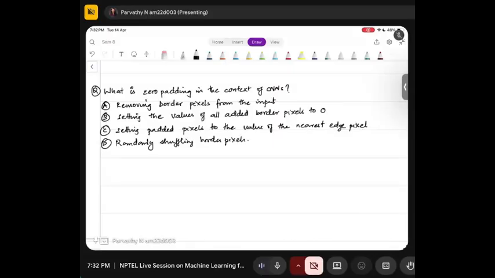What is zero padding in the context of CNN? Removing border pixels from the input, setting the values of all added border pixels to zero, setting padded pixels to the value of the nearest edge pixel, randomly shuffling border pixels.